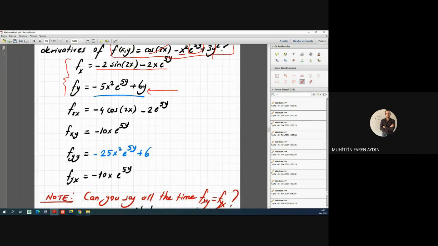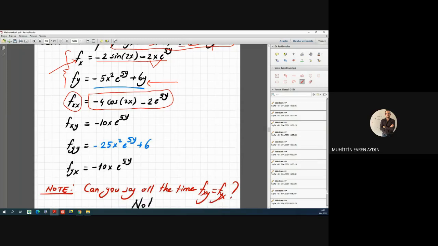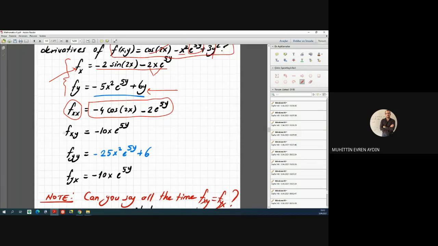And for the second order derivative with respect to x, we take the derivative of this statement with respect to x. Here we treat this statement as a constant, so we have this result. And this means take the derivative with respect to x and next with respect to y. So from this equality, we may obtain this one.